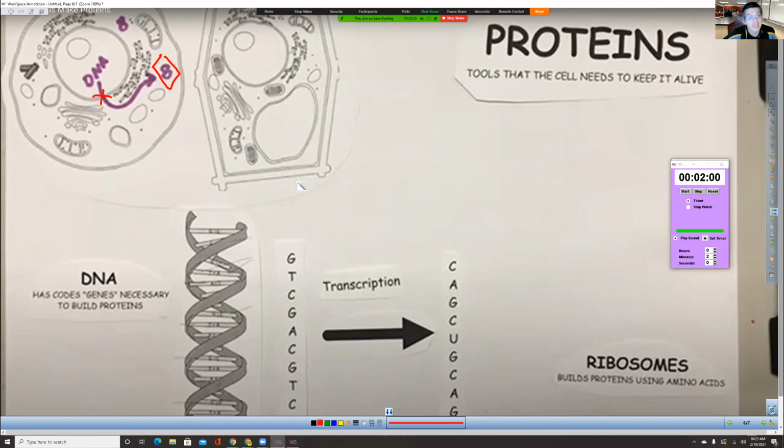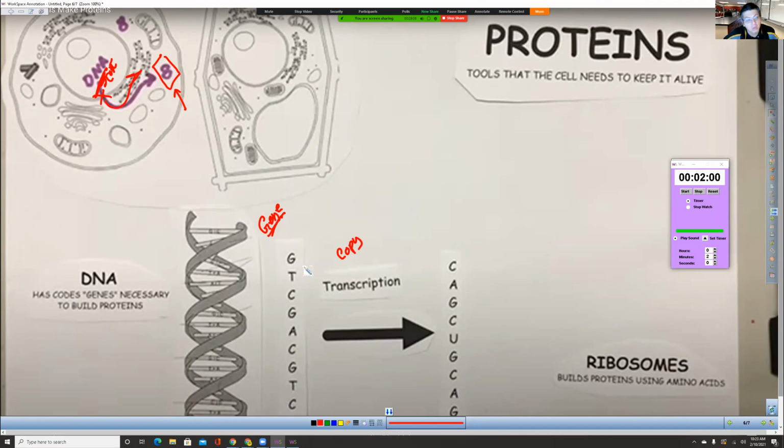They build protein. Exactly. So the ribosome is the one that's going to build the protein, but the instructions, the codes for building that protein, are in DNA. So we have to get those codes out to the ribosome somehow. So what we have to do is take that piece of DNA, that gene, and transcribe it, which means just copy.